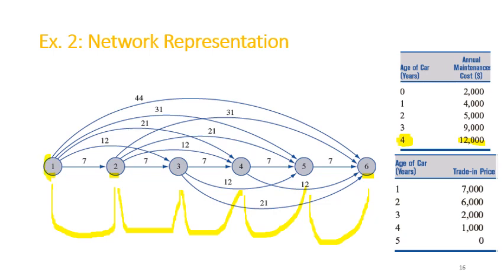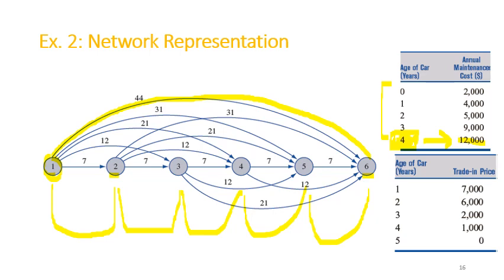So from the beginning of year 1, you can have an arc that goes all the way up to the beginning of year 6 by looking at this table. Again, let me repeat. This table says that if you have a car which at a particular year has already an age of 4, you can still use it with this maintenance cost.